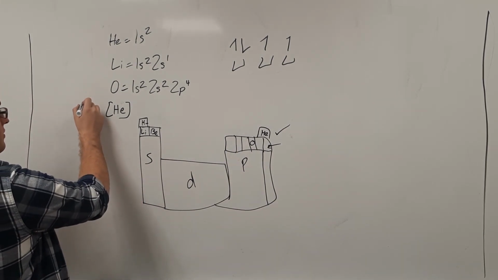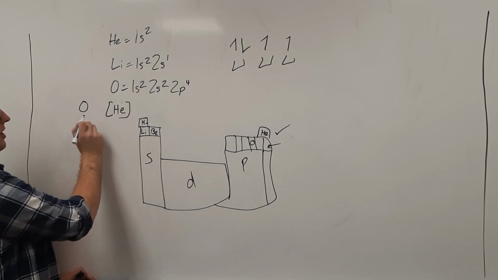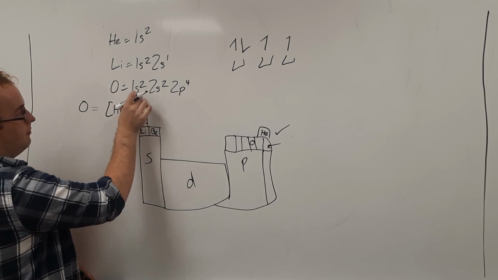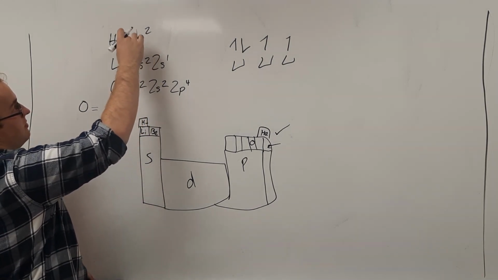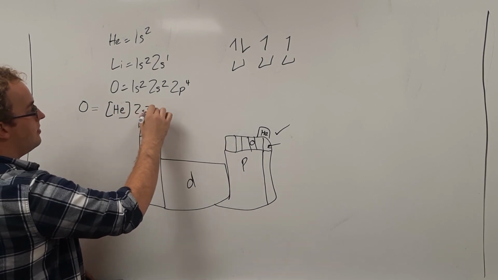So if I was going to do the electron configuration of oxygen in this abbreviated way, I would write oxygen equals helium, and then move on from helium's configuration, which is 1s2, and then I'd say the next one is 2s2, and then 2p4.